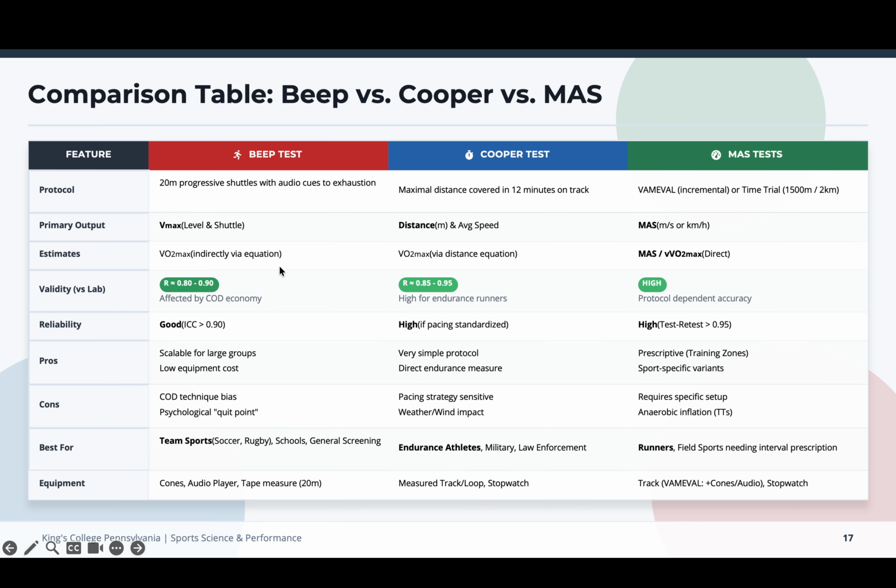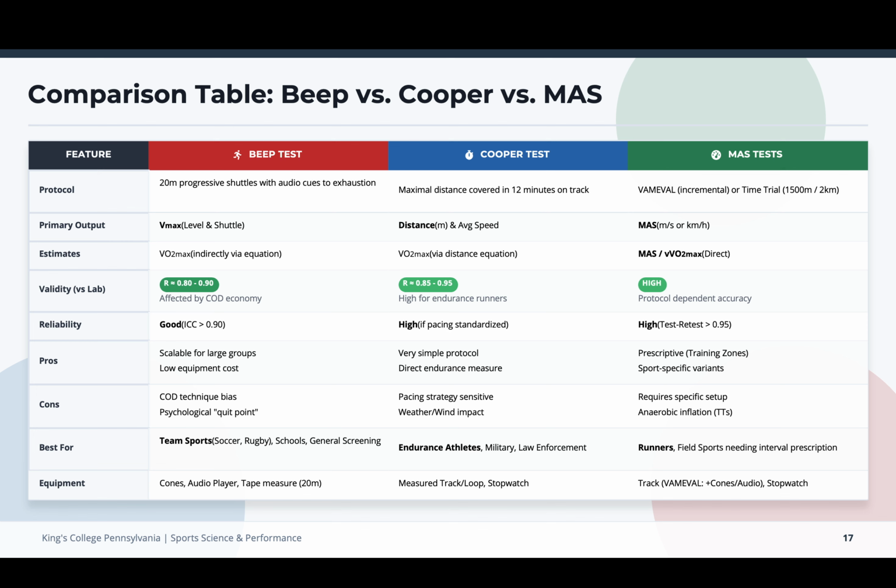Estimates VO2 max indirectly via equation, VO2 max via distance equation, and MAS velocity at VO2 max direct. Validity versus lab: 0.80 to 0.90, affected by change of direction economy. Cooper test, 0.85 to 0.95 is high for endurance runners, and MAS test is high, protocol dependent accuracy.